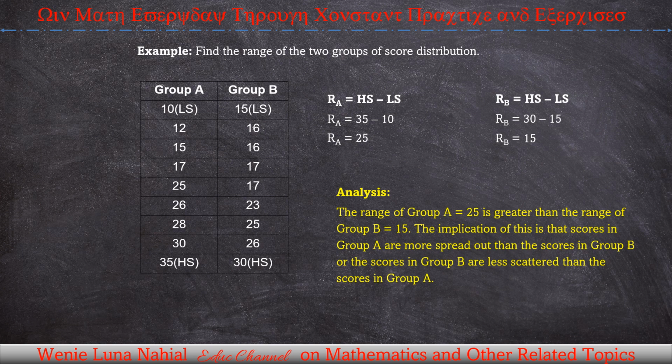The implication of this is that scores in Group A are more spread out than the scores in Group B, or the scores in Group B are less scattered than the scores in Group A. So the higher the range, it can be assumed that the observations, the test scores, are more spread out. So that is our idea if the range is too high.